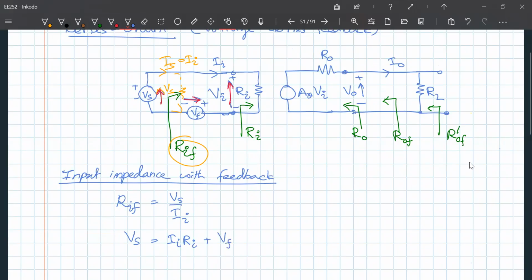Vf. But we know Vf is equal to beta times V out. Okay, so therefore Ii Ri plus beta times V out. That's my Vs. I can write it like that.